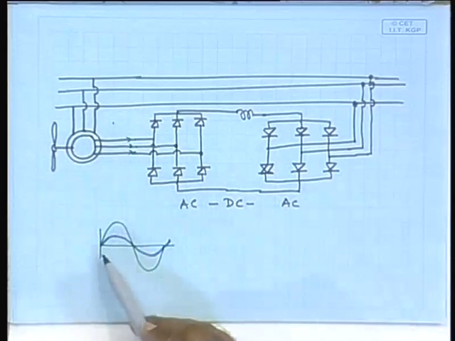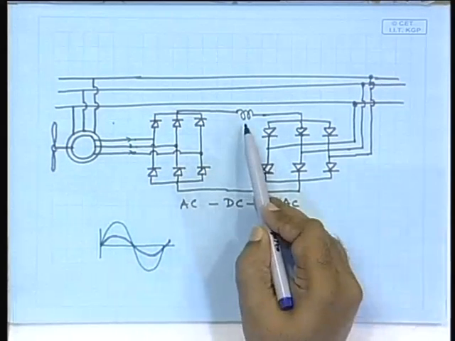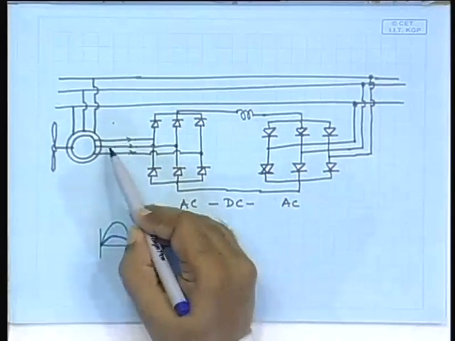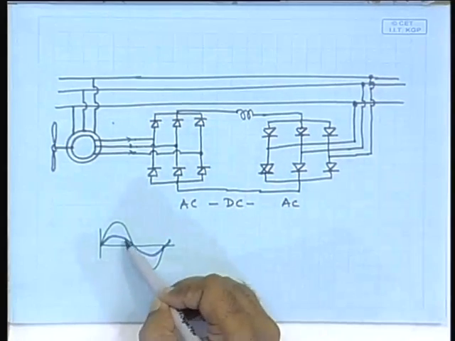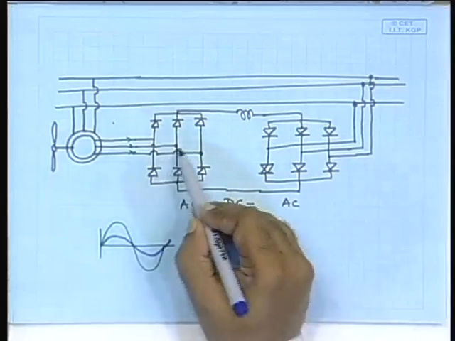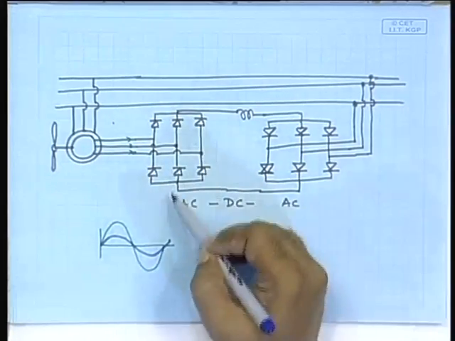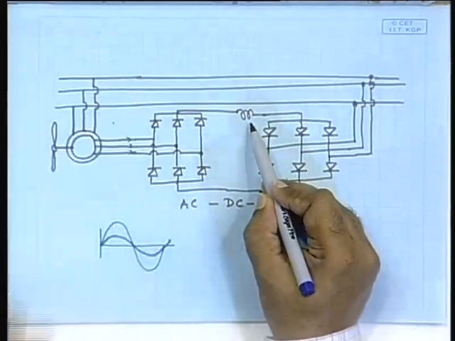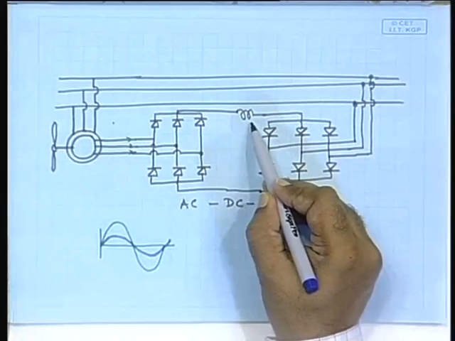So, this one will see this current. Ultimately, this will see a DC, because when the voltage here is positive, it will flow through this. When the voltage in the next phase is positive, it will flow through that. When the voltage in the next phase is positive, it will flow through this, and so on and so forth. Ultimately, it will see a voltage all the time, a DC voltage.